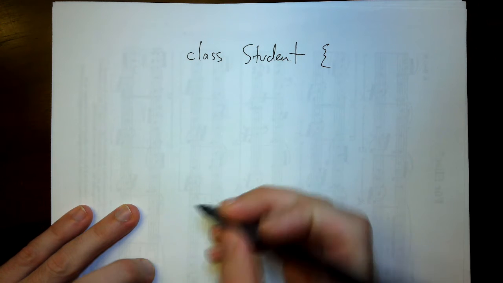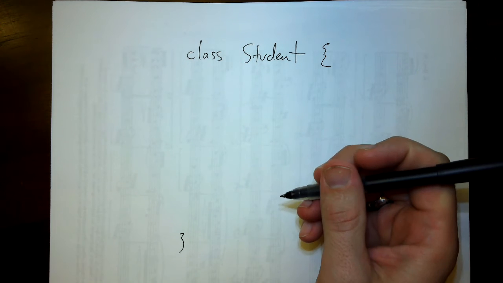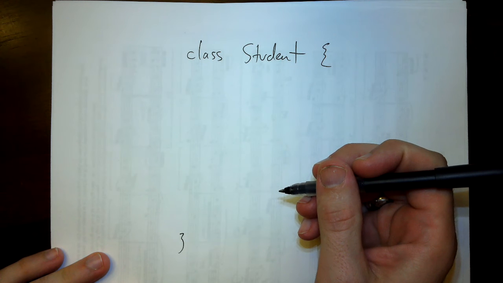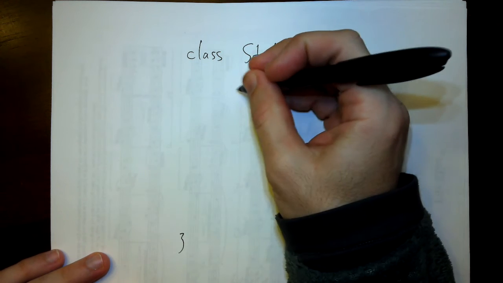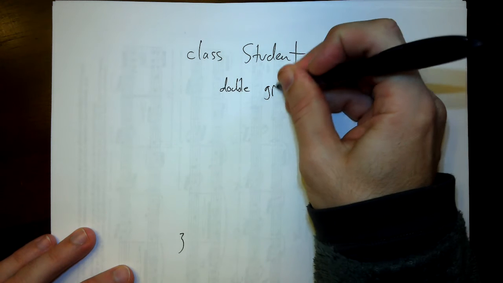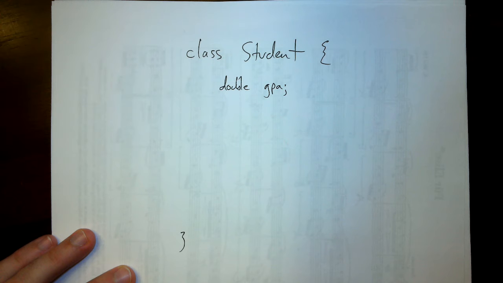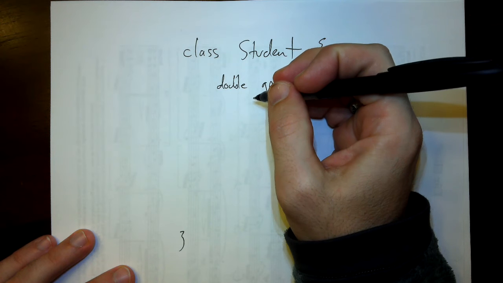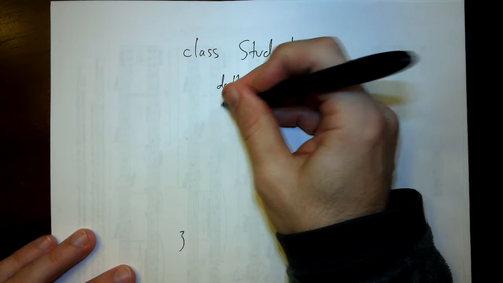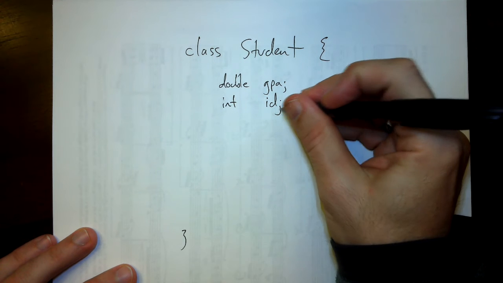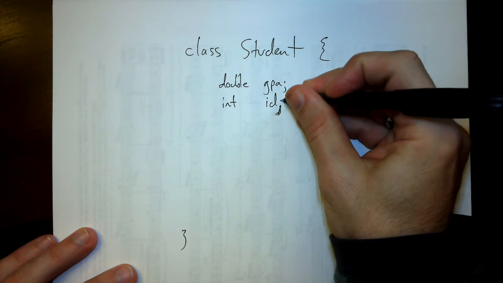So I have this class student, and let's just say we have GPA. We're going to save that as a double. And what else do we need? An ID, which we'll call, all your IDs are integers, so we're going to call it an integer ID. Okay, those are semicolons, not J's. I write them really weird, I'm sorry.